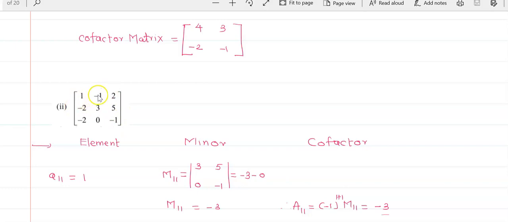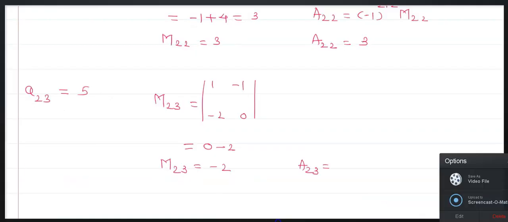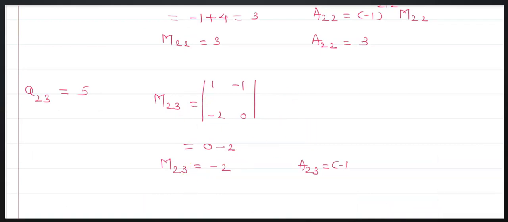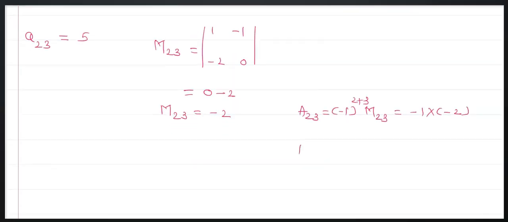Then you will get 1 minus 1 minus 2 0. A23 is minus 1 raised to 2 plus 3, M23, which is minus 1 into minus 2. That is A23. That is equal to 2.